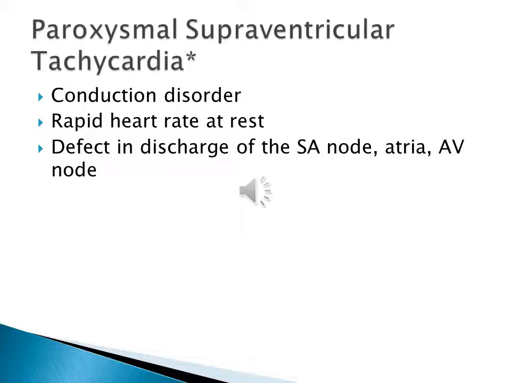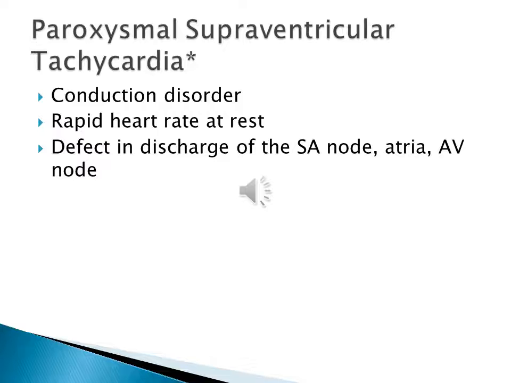So one is paroxysmal supraventricular tachycardia, which is a conduction disorder that causes a rapid heart rate at rest. So it basically causes a significant increase in heart rate even when the individual is resting. We obviously know that the heart's going to beat faster when someone's doing some type of intense or high exertion physical activity, and it's the case here where the heart rate is very fast at rest.